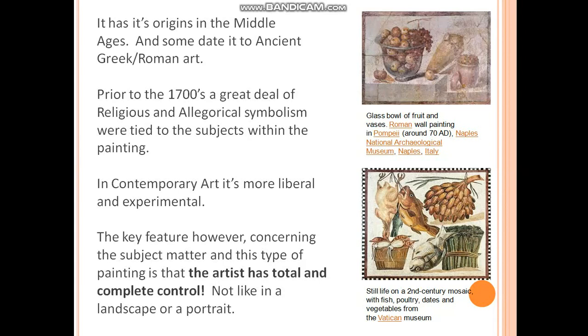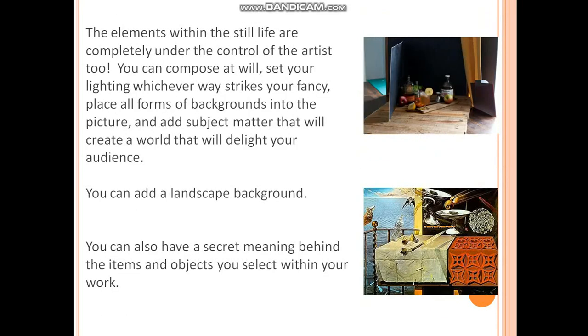The key feature, however, concerning the subject matter and this type of painting is that the artist has total and complete control, not like a landscape or a portrait. The elements within the still life are completely under the control of the artist.